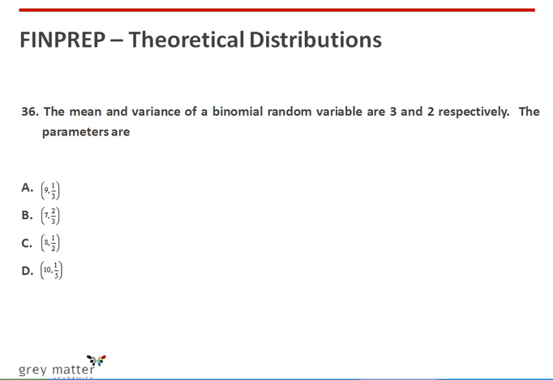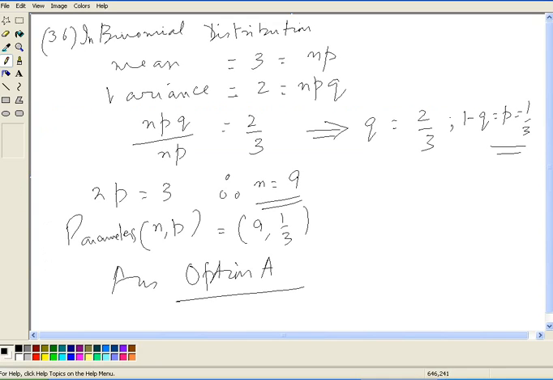36th problem, the mean and variance of a binomial random variable are 3 and 2 respectively. We need the parameters. Going back to the work area, in the binomial distribution, mean is equal to 3, which is np, and variance is equal to 2, which is given by npq, where n is the sample size. Computing using these two equations, q will be equal to 2 by 3 and p will work out to be 1 by 3.